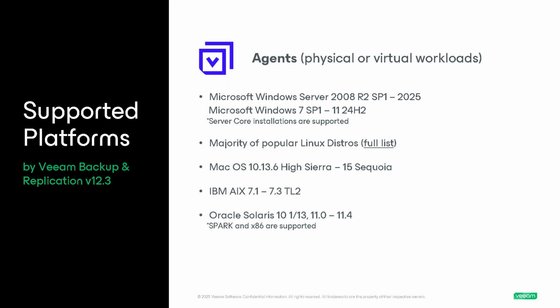If it's a relatively popular distribution and it has ongoing maintenance, more than likely it would be supported. Feel free to utilize the Q&A if you have a certain flavor that you want to clarify, but most of them are supported.